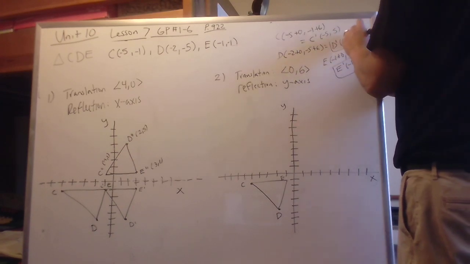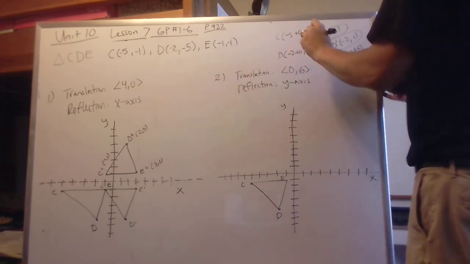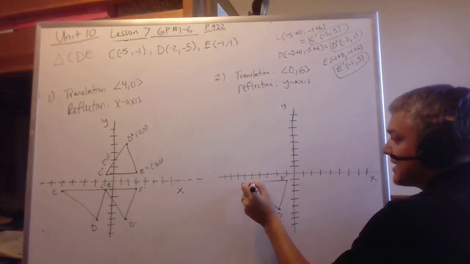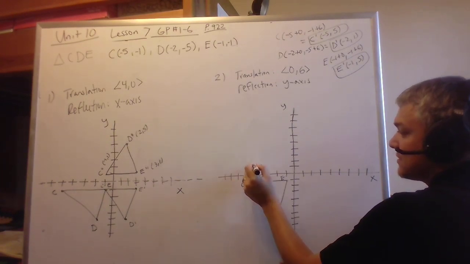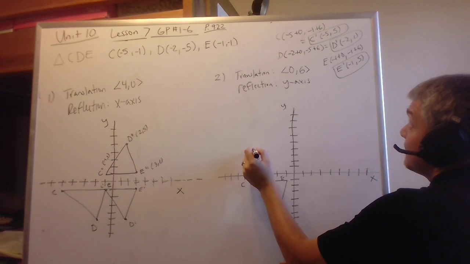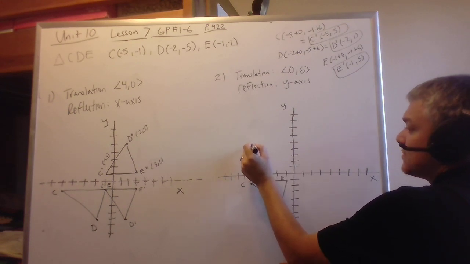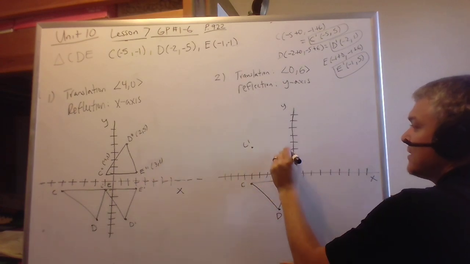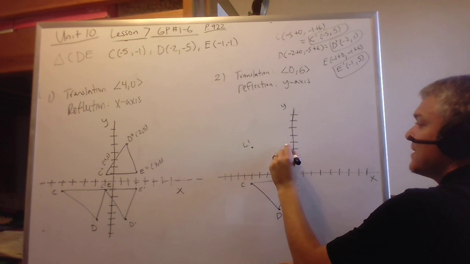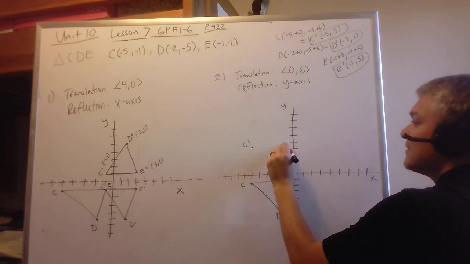And it makes sense, because all we're going to do is take C and shift it up 6 units. So we're going to be at negative 5, 5, like right about here. Our E prime is going to go up again, and it's going to be at negative 1, 5.